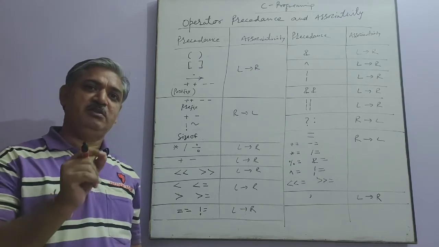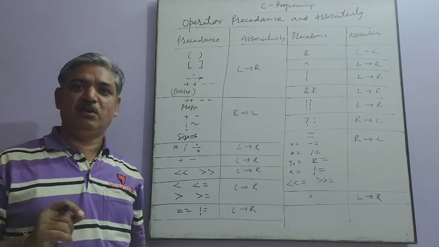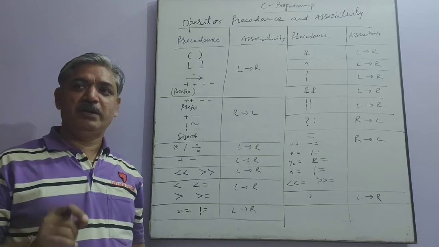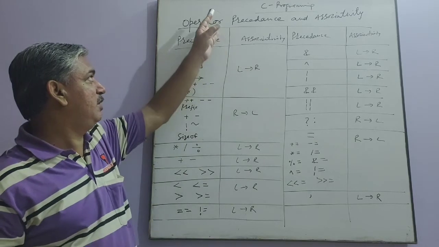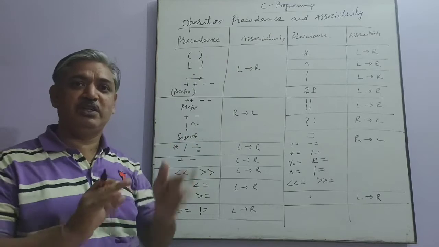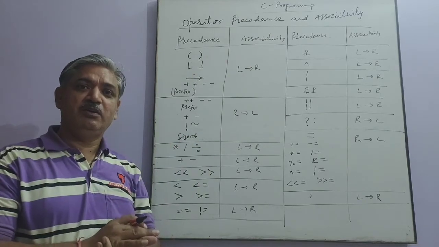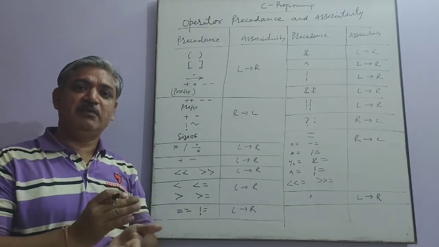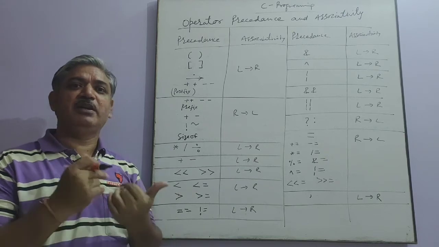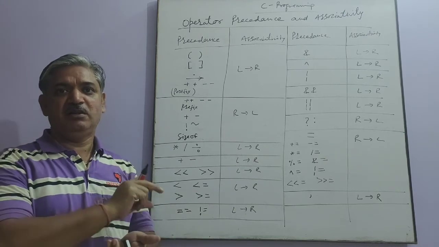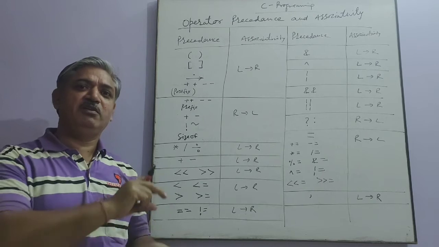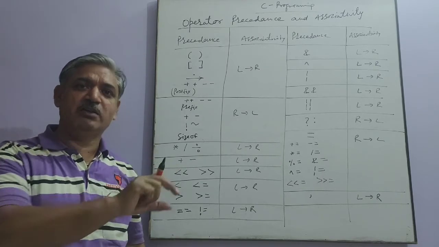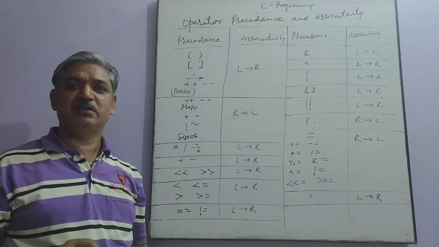In an expression there are a number of operators, and by using the operator precedence and associativity rules, we can define which operator evaluates first, or we can say what is the order to evaluate the operators in the expression.